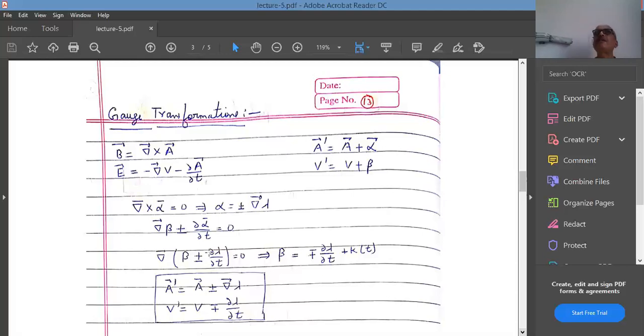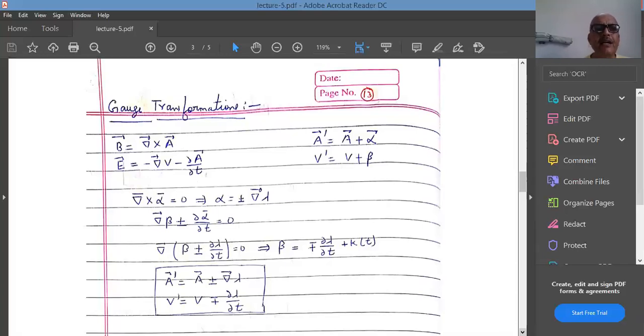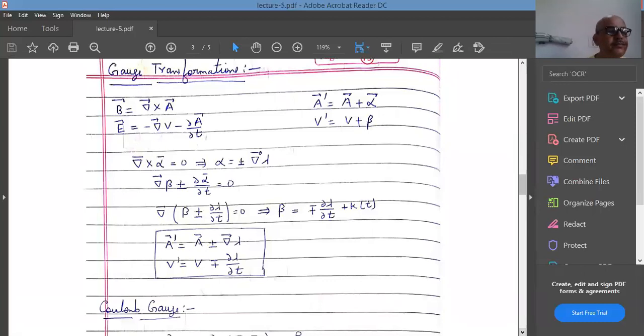Gauge transformations are required to connect all the possible values of A and B required for the same value of E and B. To conclude, for one E and B, we can write down a set of vector and scalar potentials. In other words, a group of scalar and vector potentials will give us the same value of E and B, and the relationship is called the gauge transformation equation.